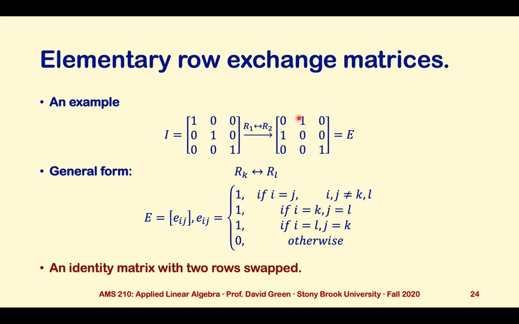We have a 1 in the position 2, 1, where we've made I equals K and J equals L. And we also have a 1 in 1, 2. So 2, 1 and 1, 2 both have a 1. That's represented here for an arbitrary swap of rows K and L. This is what row exchange matrices will always look like.